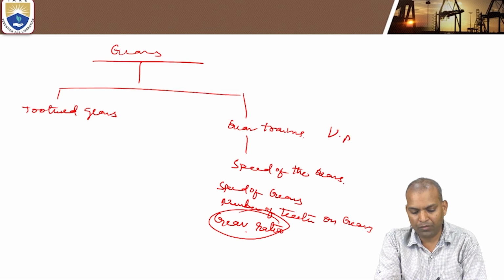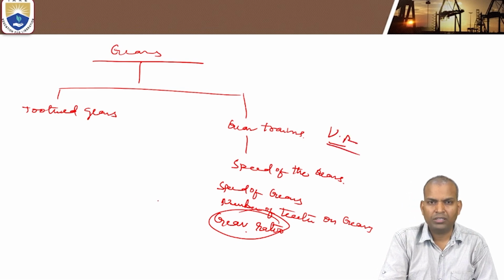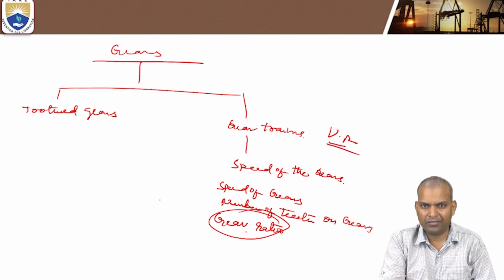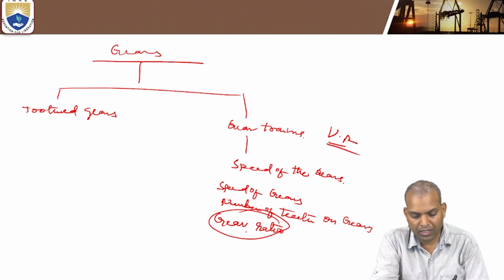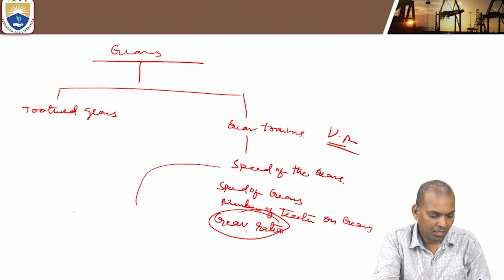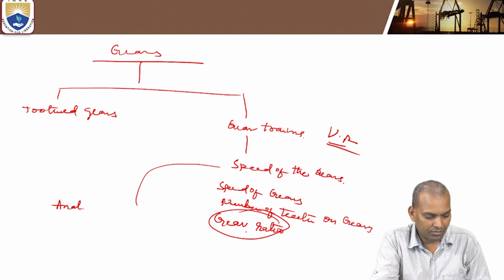Using the velocity ratio formula, we will find out the output speed, what is the required speed of the gears. In order to find out the velocity and speed of various gears, there are two methods.